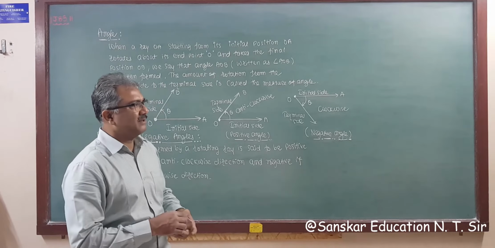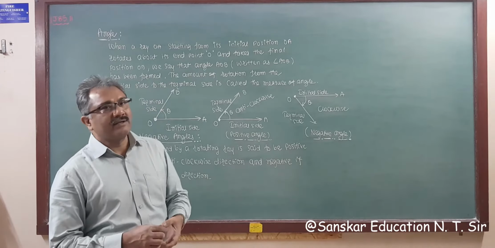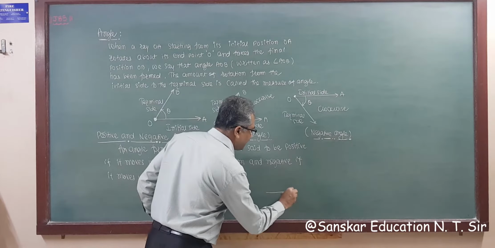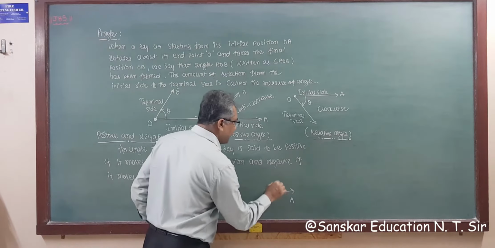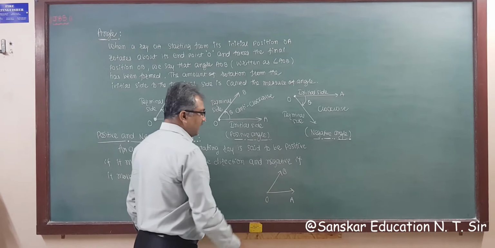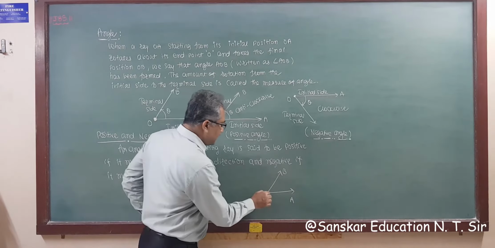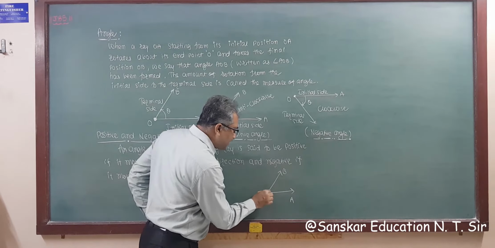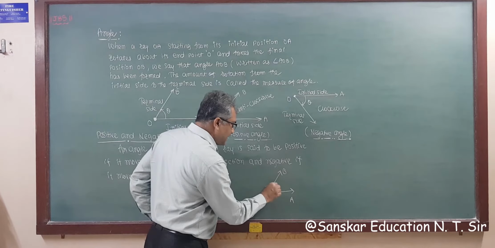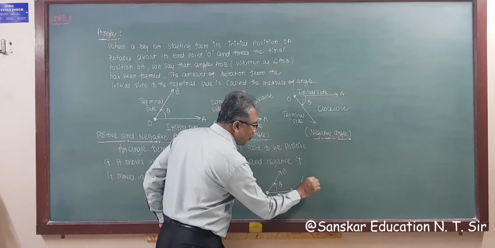In earlier classes you learned about angle, and you learned that the union of two rays, suppose this is one ray OA and another ray OB, with the same initial point, is called an angle. Suppose this is theta, then this is denoted as angle BOA.